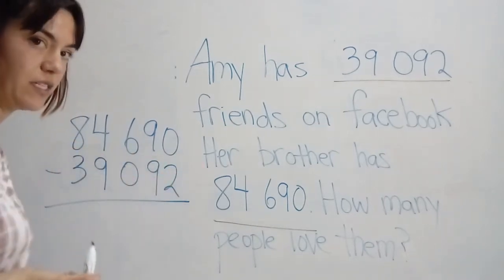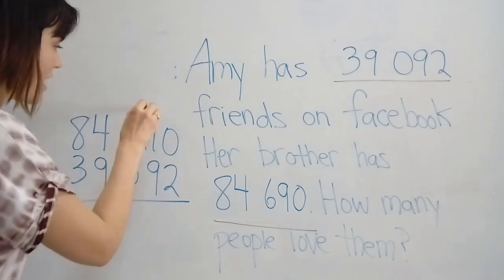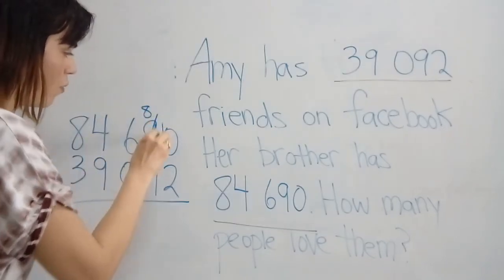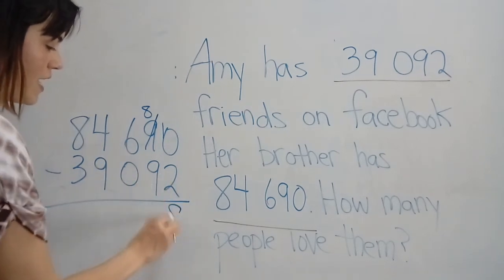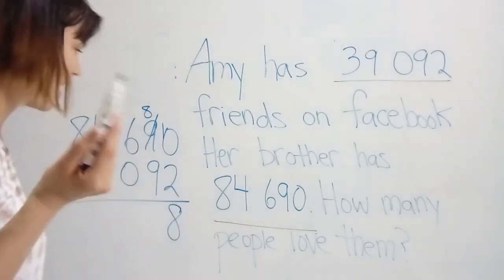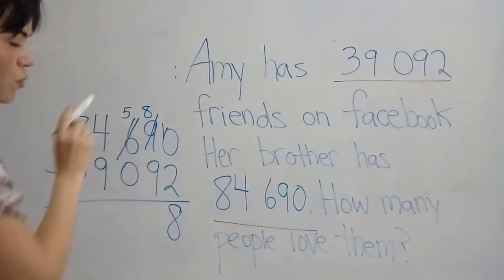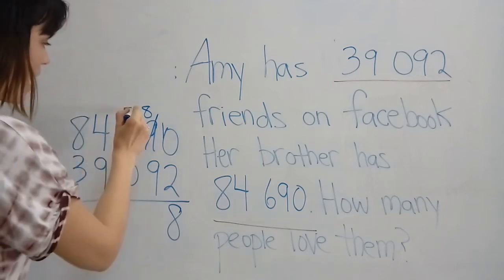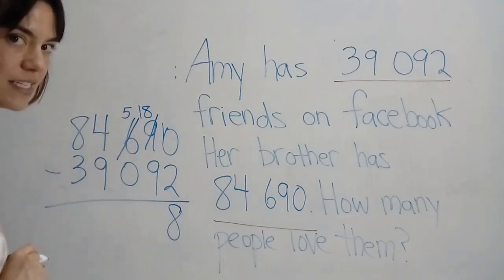So 0 minus 2, can't do it. 9 minus 1 is 8. I bring a 1 in front. 10 minus 2 is 8. Uh-oh, 8 minus 9, still can't do that. I need to borrow again. 6 becomes 1 less, which is 5, and I bring a 1 in front of the 8.